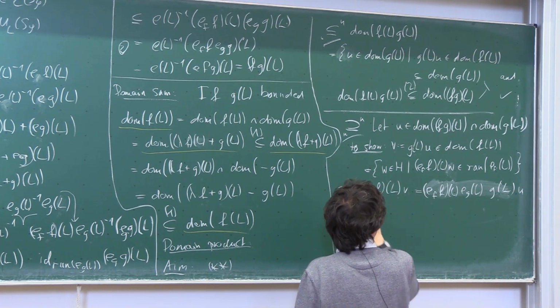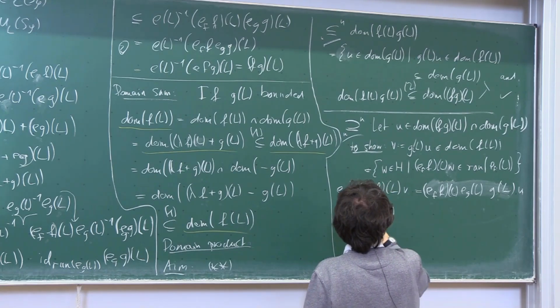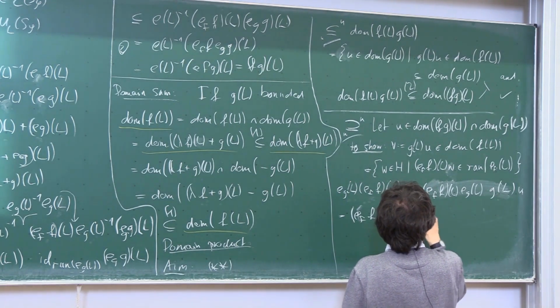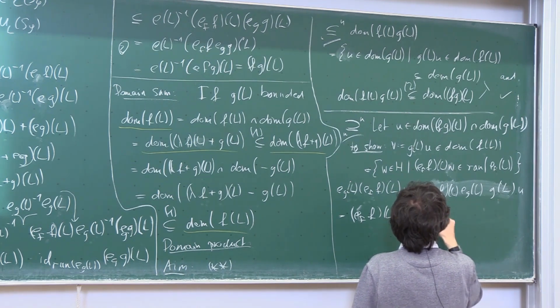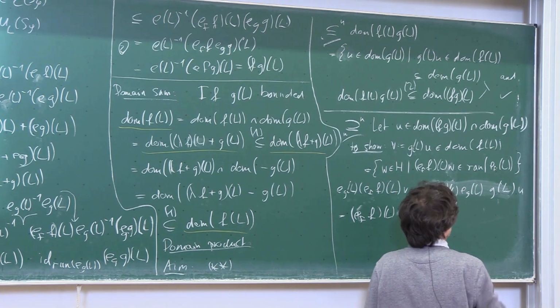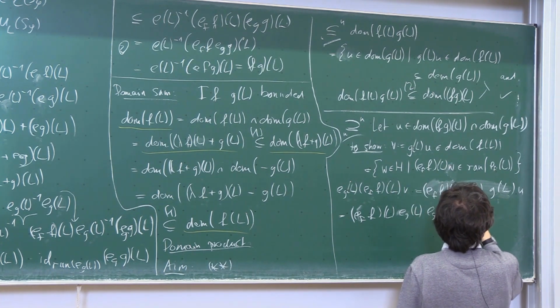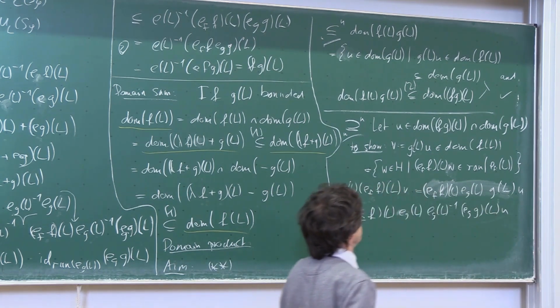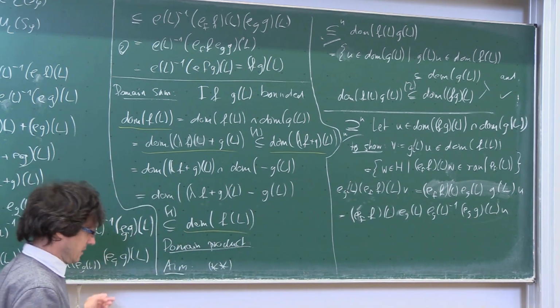This is EF of L, EG of L, and then this is EG of L to the minus 1, EGG of L U, by definition of our extended calculus.